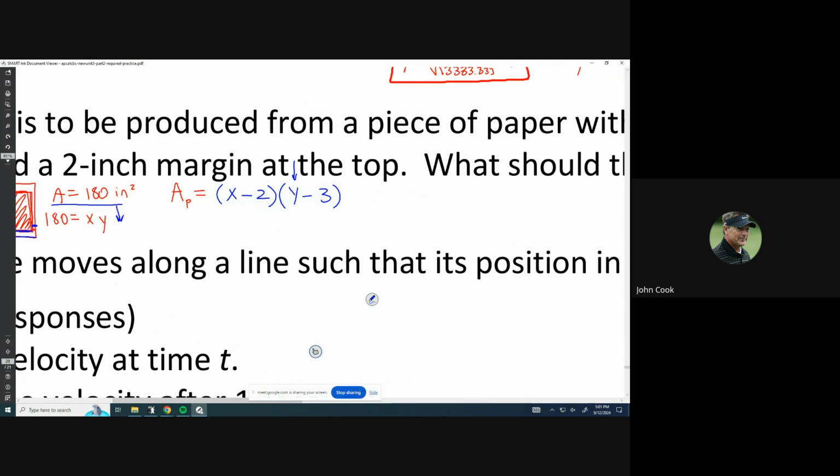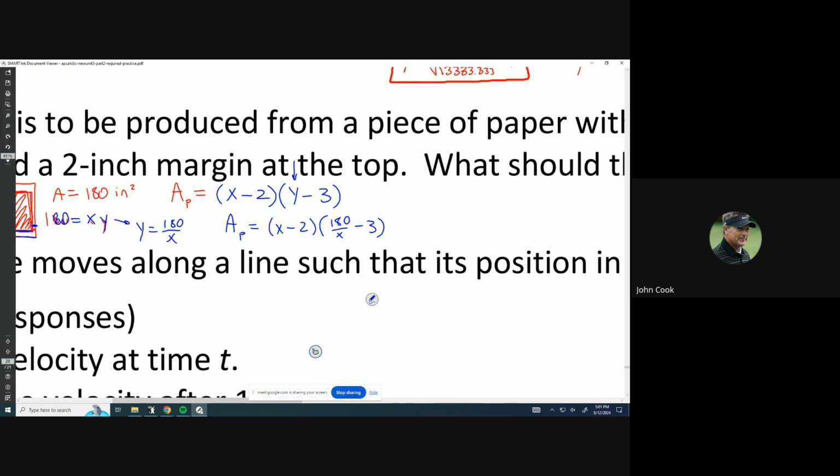My constraint's down here: 180 is equal to X times Y. So I'm going to get Y in terms of X. Y is going to be equal to 180 over X. Then when I replace it in here, A_P is going to be equal to X minus 2 times the quantity 180 over X minus 3.